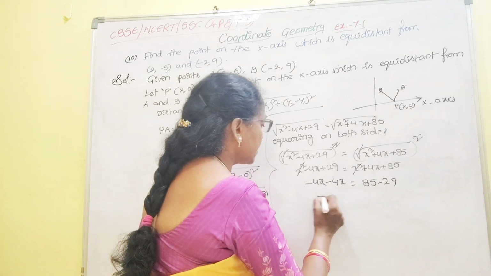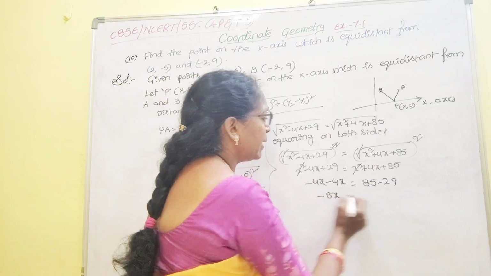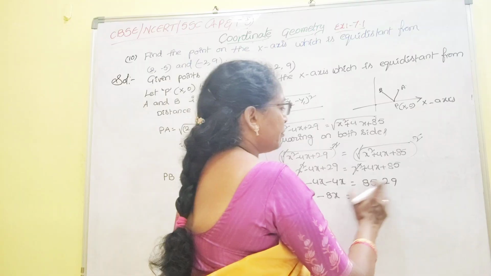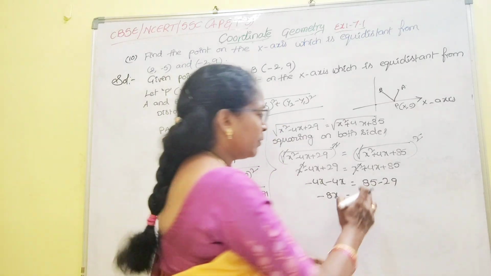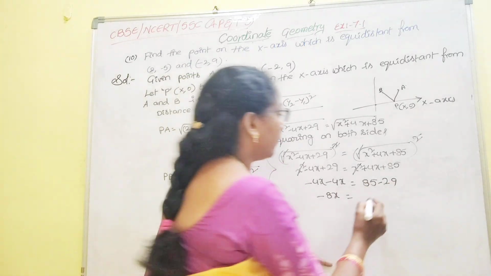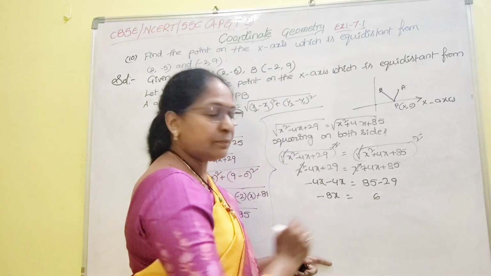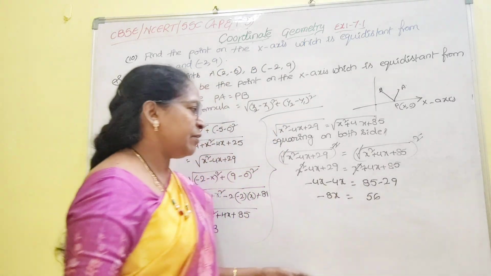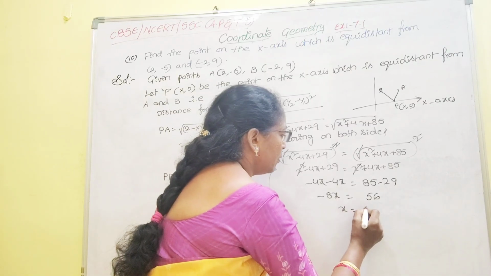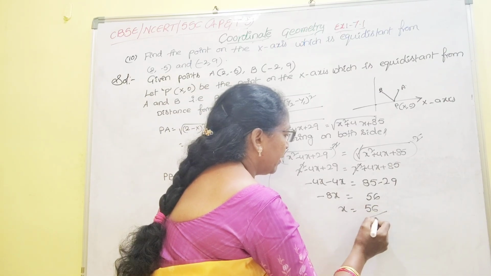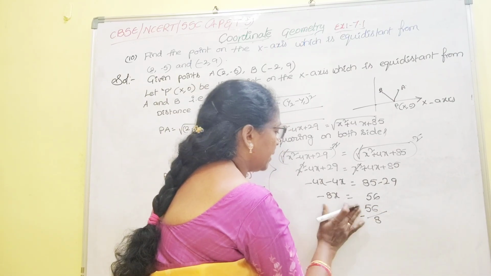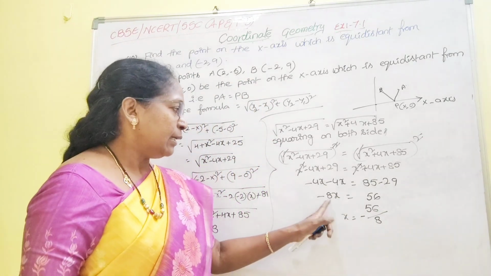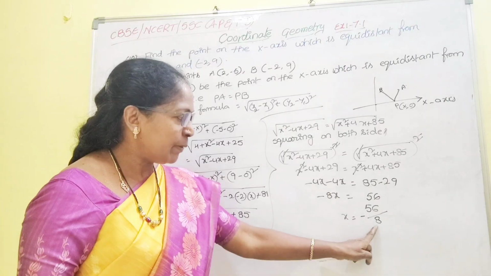So minus 4x minus 4x equals minus 8x, and 85 minus 29: 15 minus 9 equals 6, and 7 minus 2 equals 5. This is 56. So minus 8x equals 56, and minus 8x is minus 8 into x. This multiplication goes to the other side and becomes division.